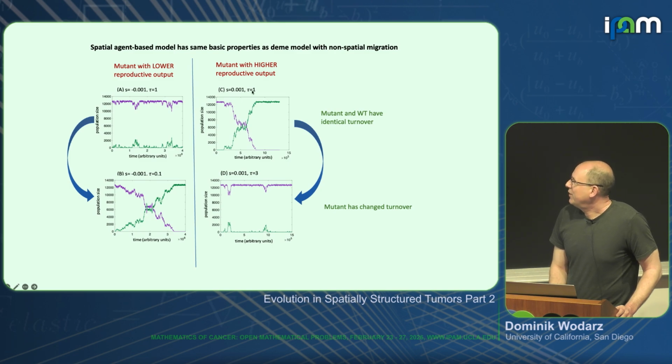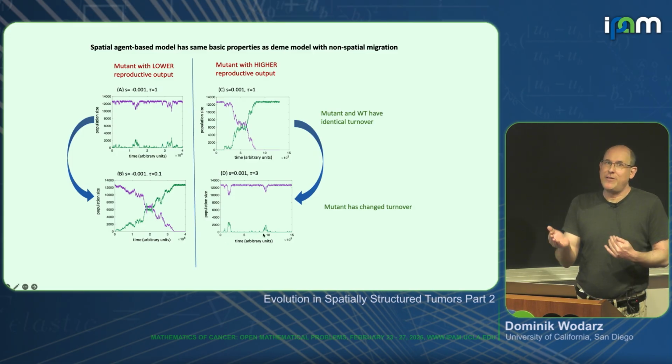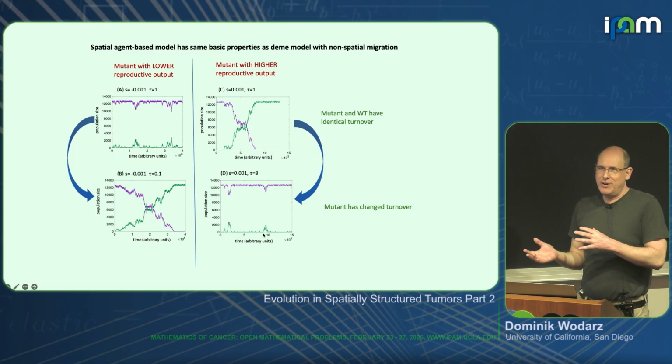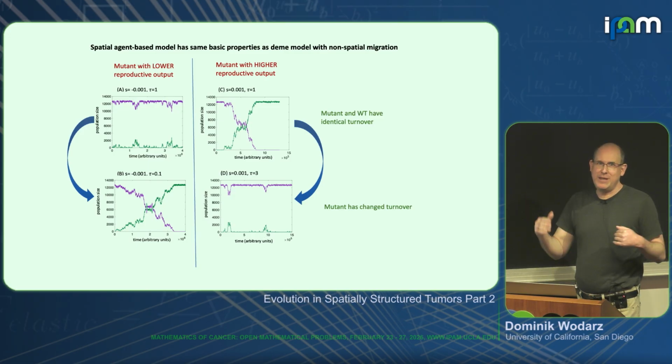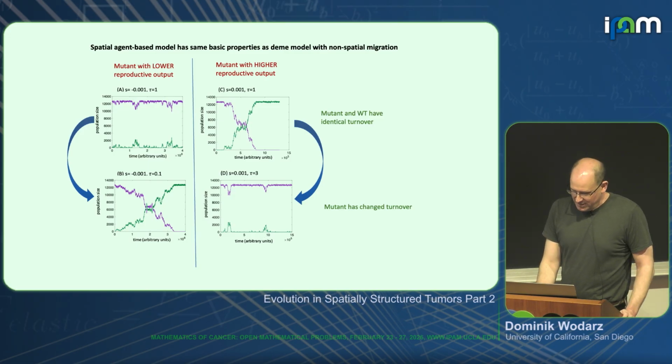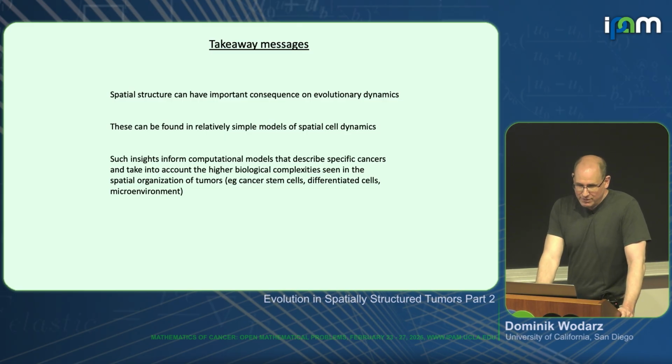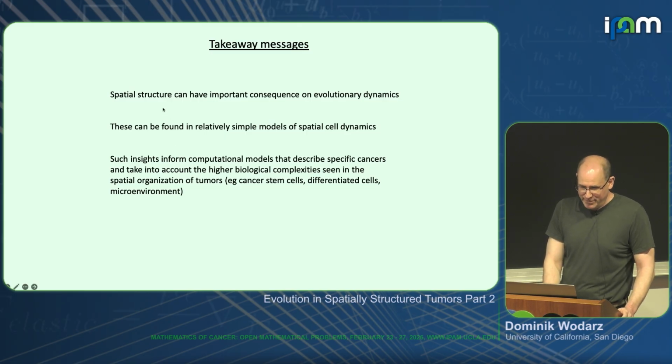On the other hand, if you have an advantageous, higher lifetime reproductive mutant, tau equals 1, you get the mutant sweeping in, in green. If you increase your tau, it persists at a selection mutation balance. So again, the equivalence between an agent-based model and a patch model, which is sort of a theme in all of these things.